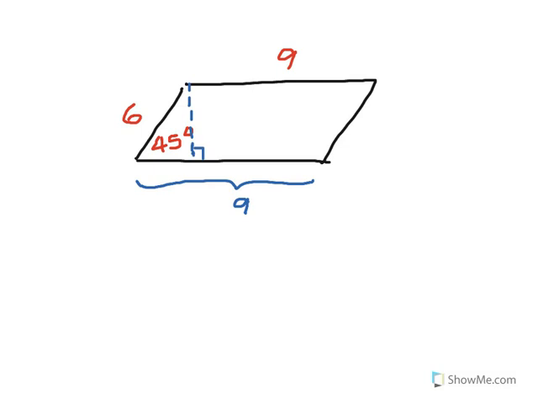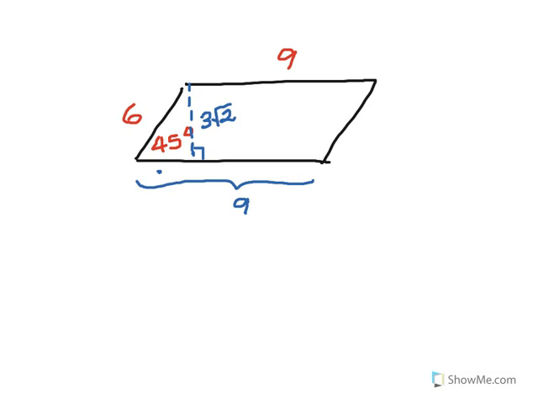I've created a little 45, 45, 90 right triangle on the left. And if the hypotenuse of that is 6, then each of the legs is 6 divided by root 2, which is 6 divided by 2, or 3, times root 2.